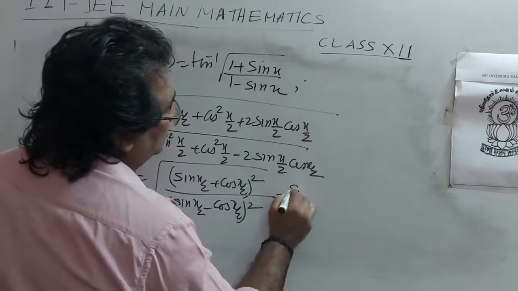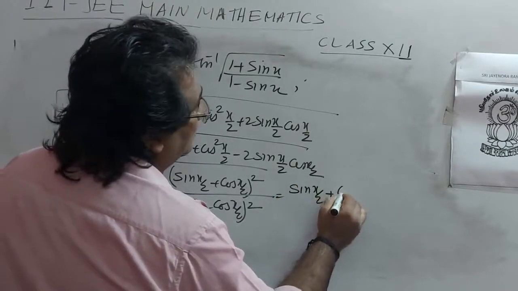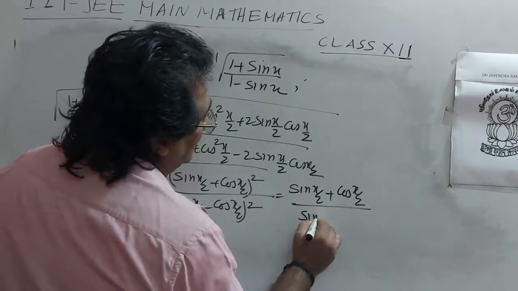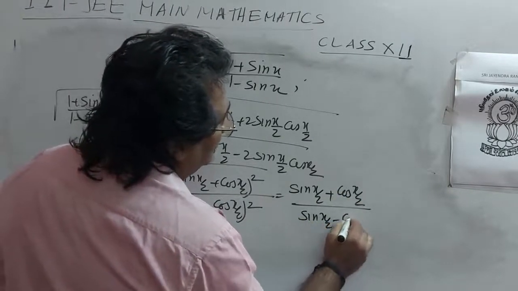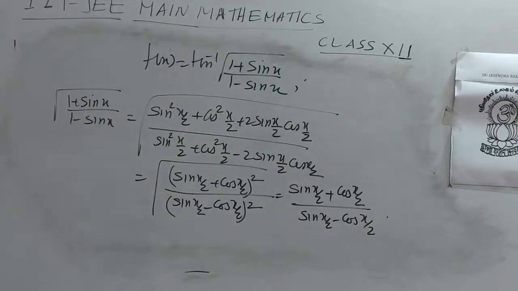If you take the square root, we can write cos x by 2 plus sin x by 2 whole squared over cos x by 2 minus sin x by 2 whole squared.